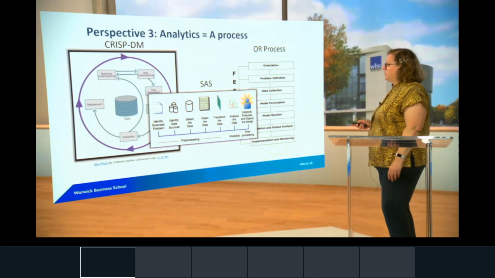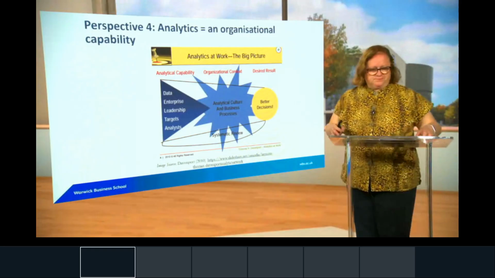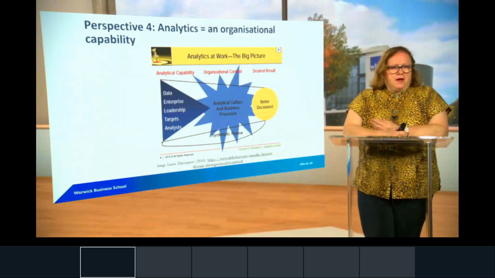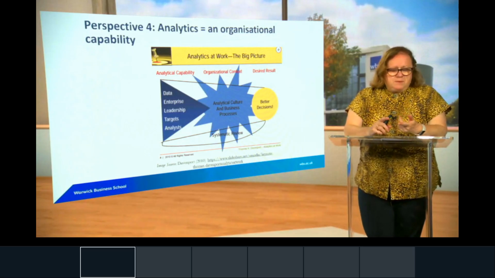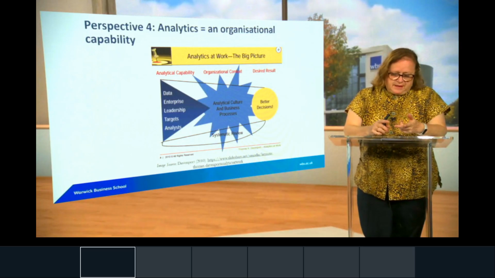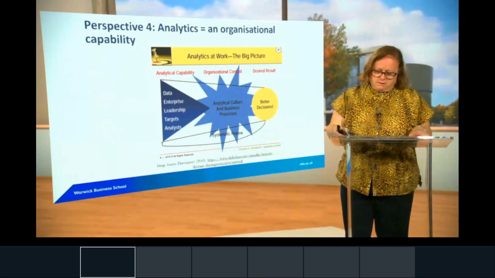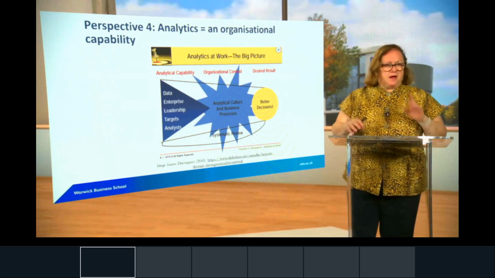So, perspective 4. Analytics is a capability, an organizational capability. So we've looked at analytics, we've looked at the toolkit, we've looked at process, and this is a fourth one.